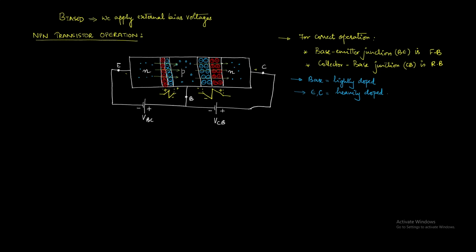And the holes which were present will flow from the P type to the N type emitter.